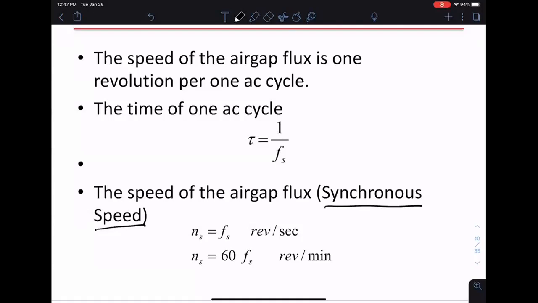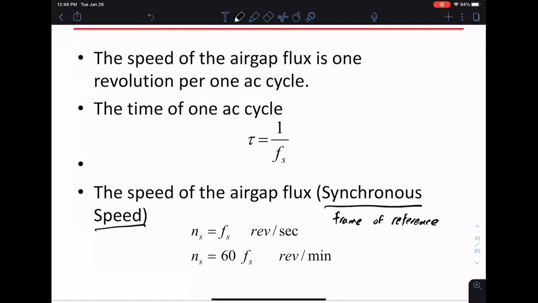If the machine is operating exactly at the synchronous speed, there is no power exchange. That's why it's called the synchronous speed. This is really the frame of reference we think about things in.